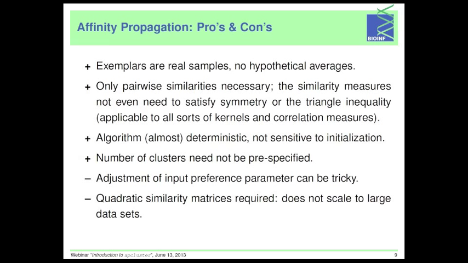It can be more or less anything, need not even be symmetric or satisfy the triangle inequality. So it's applicable to all sorts of kernels that you may know from different areas, correlation measures, anything. More or less anything is allowed that gives a larger value if two samples are more related or more similar to each other, and gives a lower value if two samples are less similar.